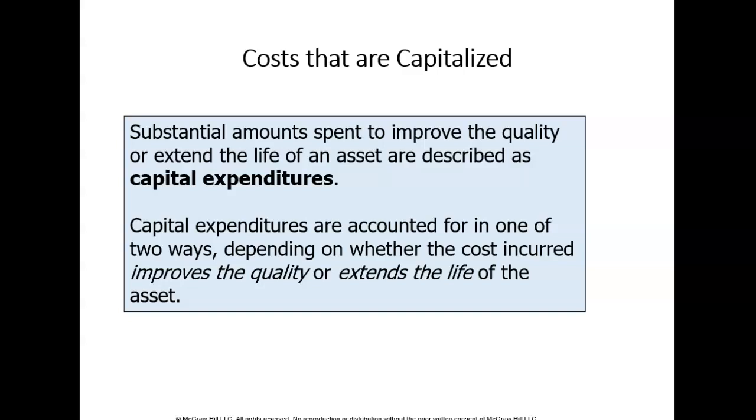In contrast, there's something called capital expenditures. Capital expenditures. That's when we spend a substantial amount to improve the quality of an asset or extend the useful life of an asset.